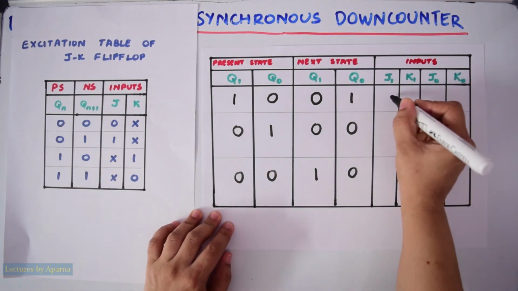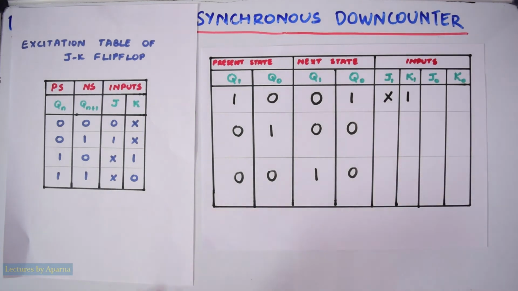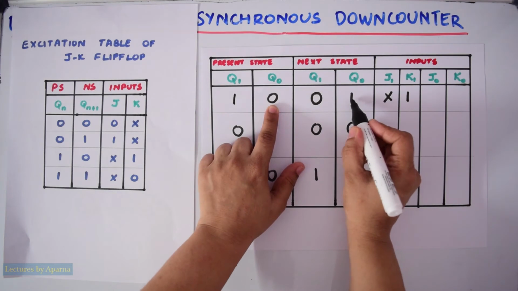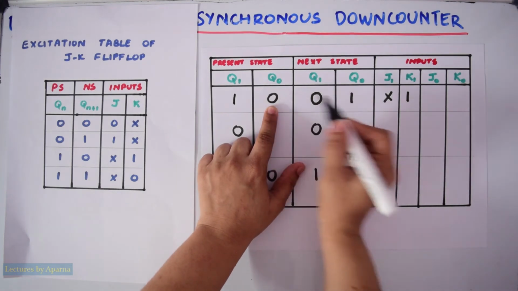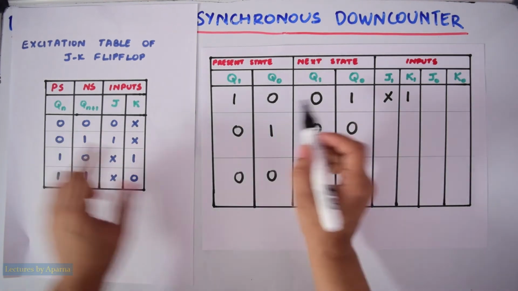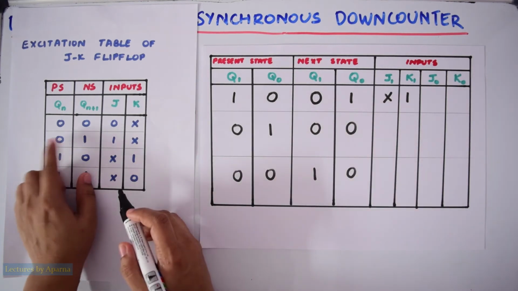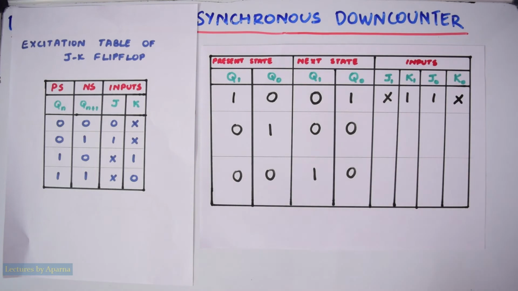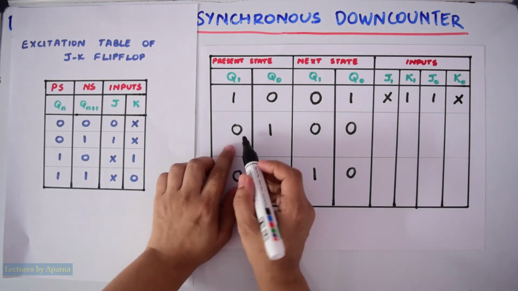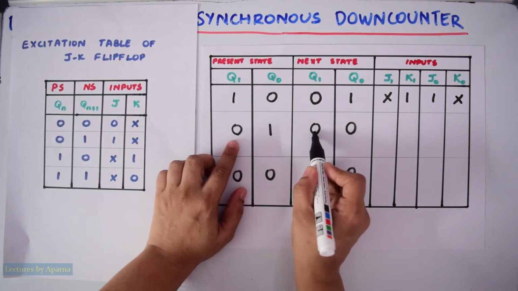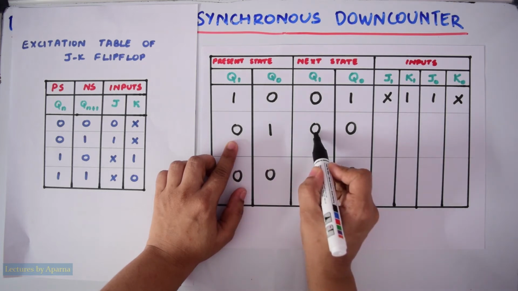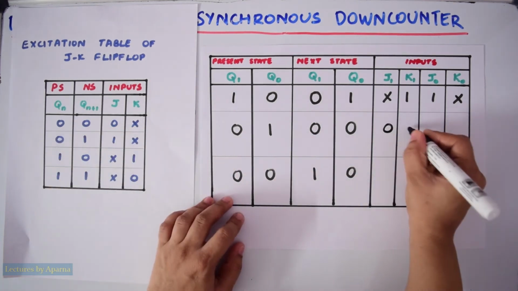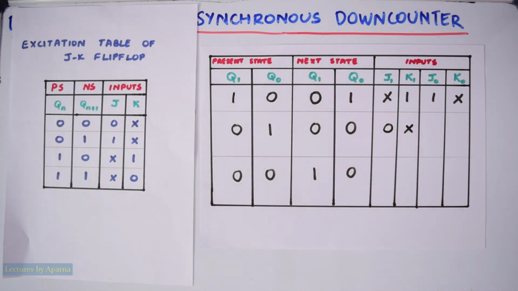So put don't care 1 here. Next, for the next flip-flop, present state is 0, next state is 1. So for 0 1 combination, the input value is 1 don't care. For the next case, for the present state 0, next state 0, 0 0 combination, the input value is 0 don't care. So put 0 don't care.